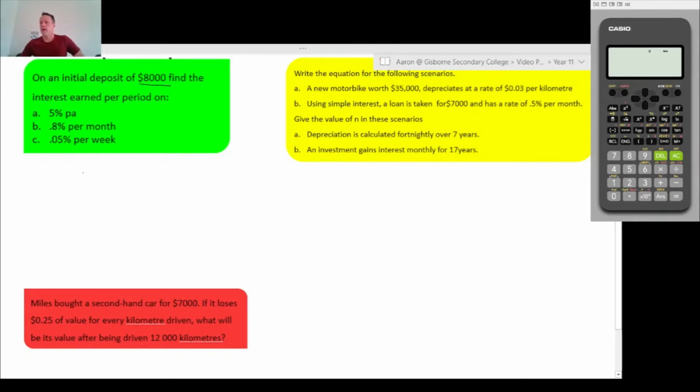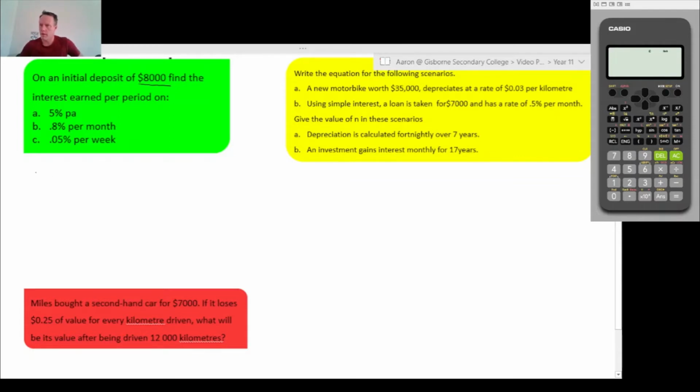So on the initial deposit of $8,000, find the interest earned per period on 5% per annum, 0.8% per month, and 0.05% per week. Okay.